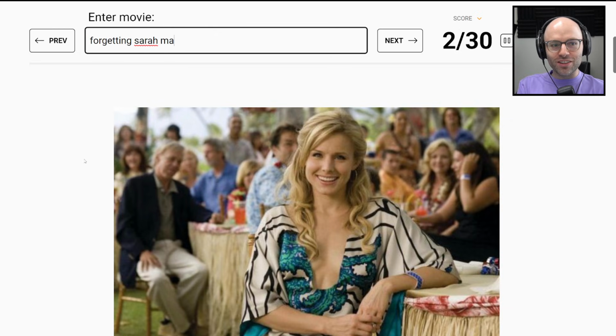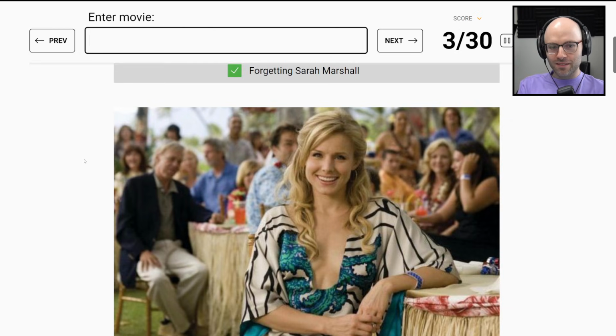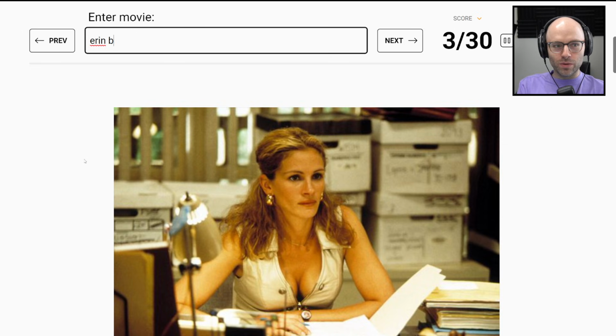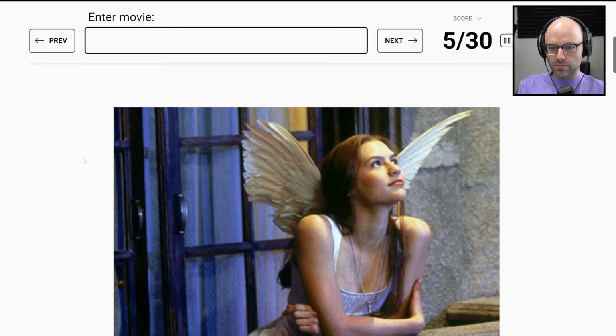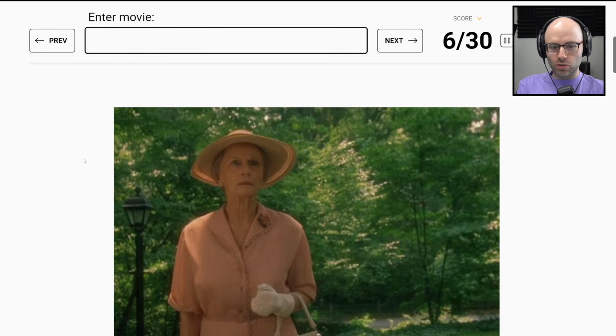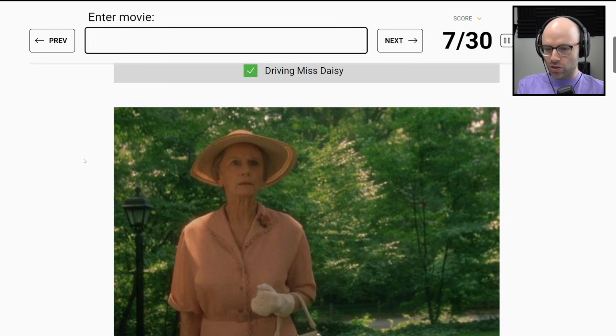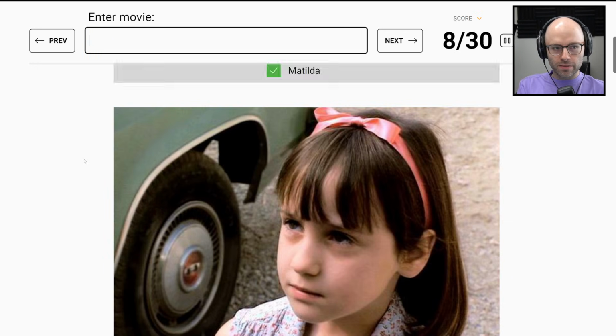Take My Eyes, Not the Shirt. What a movie, man. It's Erin Brockovich with a K and a C. Coraline. Romeo and Juliet, which they need to apply that Baz Luhrmann treatment to Cinderella. There's Driving Miss Daisy. I was primed. I'm so ready. Matilda.